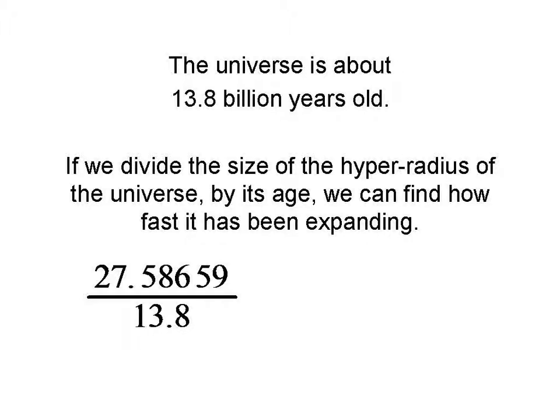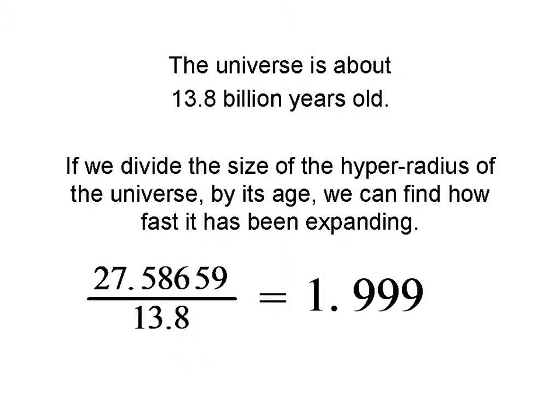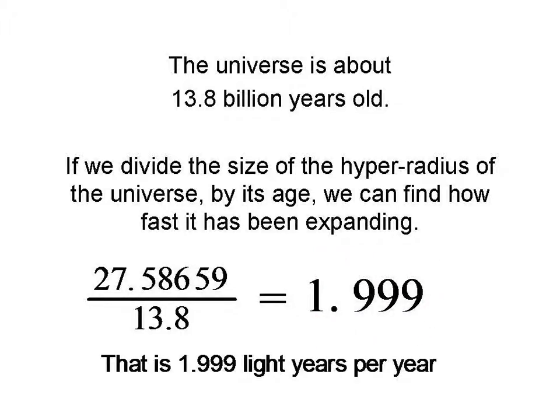The radius is 27.58659 billion light years. The age is 13.8 billion years. And doing the division gives us 1.999. And that is 1.999 light years per year.